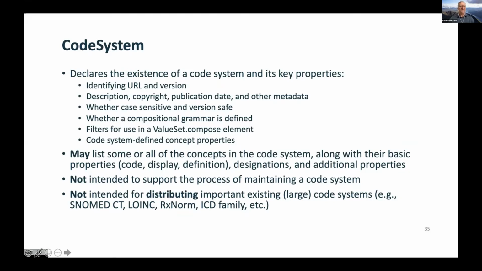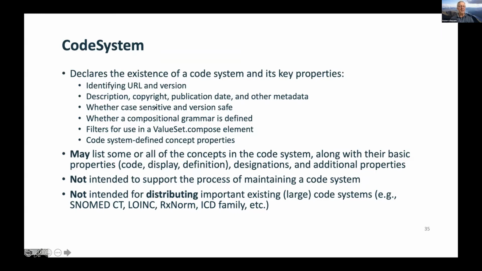So this is where you find out what your identifying URL is, to reference that code system in your coded data type instance, and also potentially its version. It has other details like, of course, the description, copyright, publication date, and other kinds of metadata. And maybe a little bit about how you can use it.